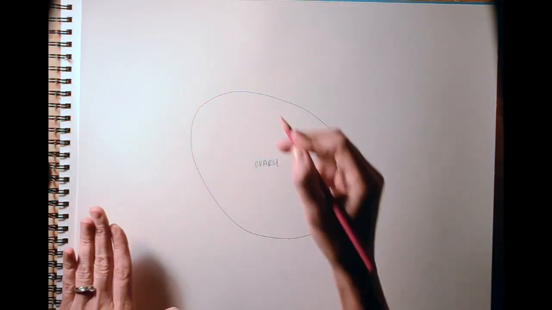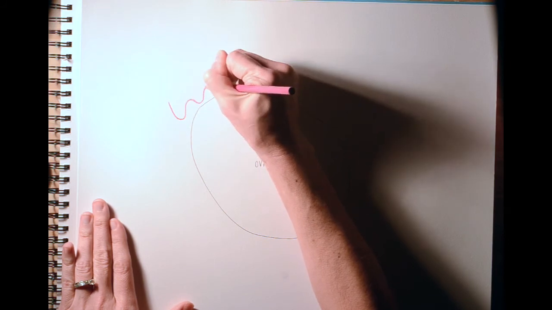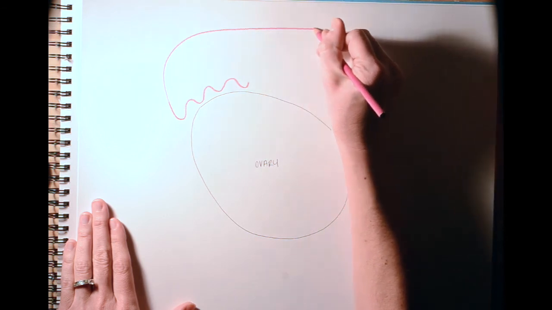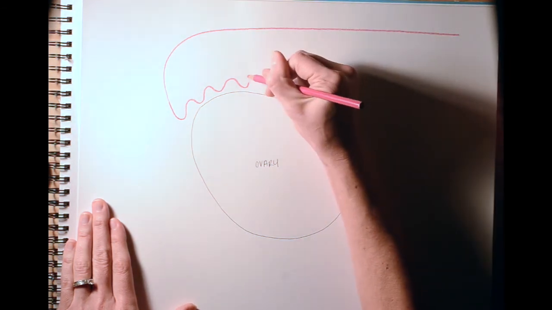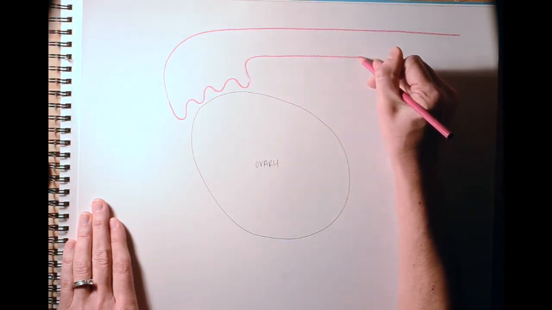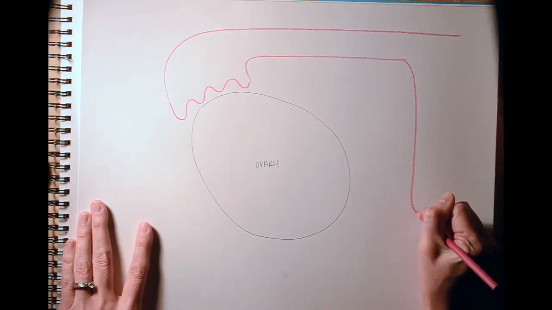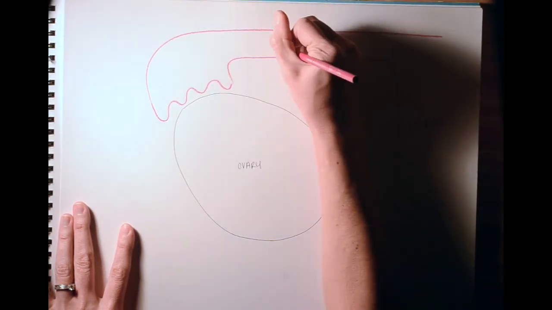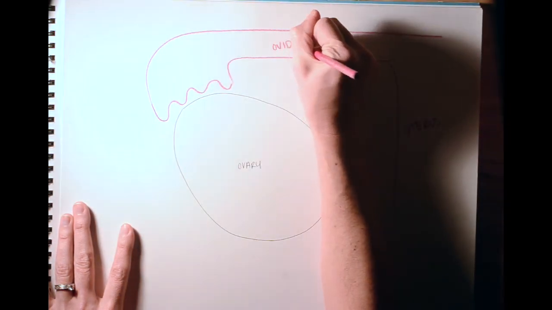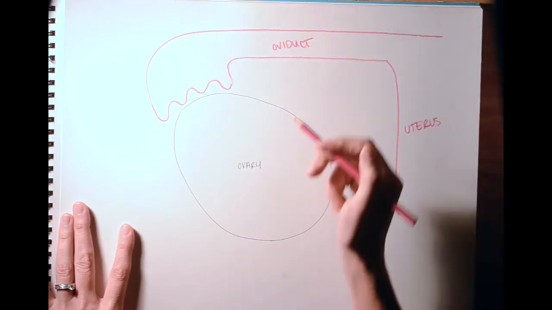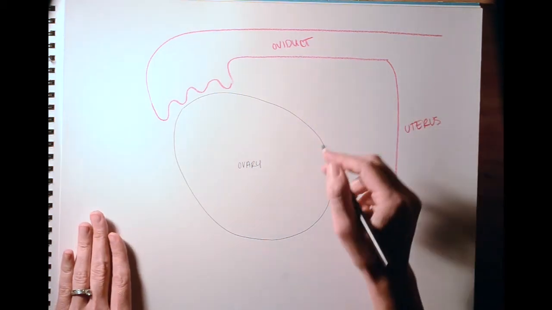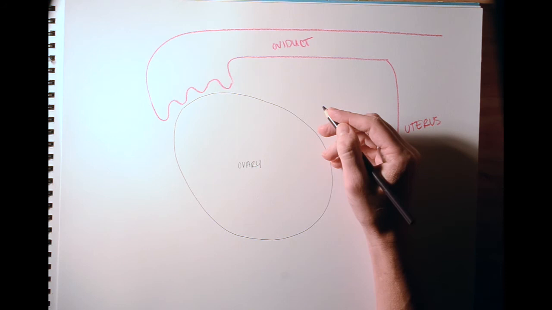Of course, the ovary is going to be surrounded by an oviduct or a fallopian tube. This looks somewhat like a catcher's mitt, which will lead to the uterus. So the oviduct or the fallopian tube.